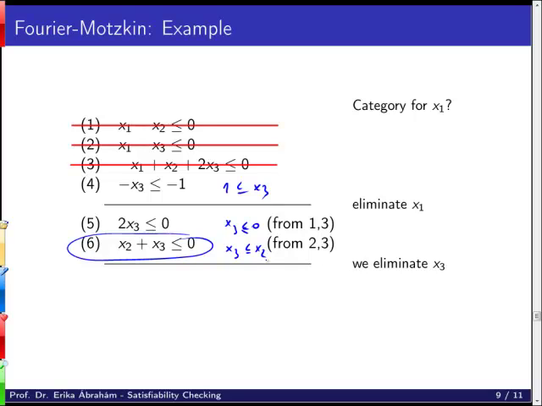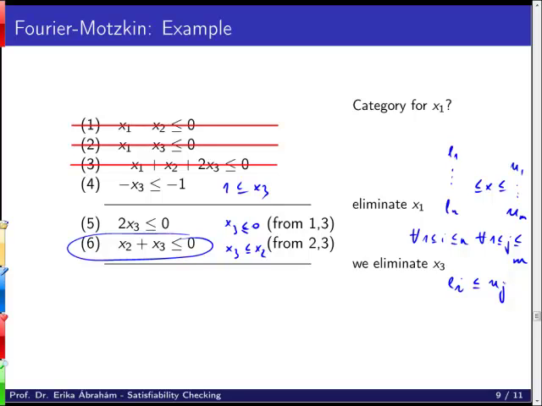So in general, again, in this picture, if I have n lower bounds and m upper bounds, then I must add, for all lower bounds and for all upper bounds, that the i-th lower bound is less or equal than the j-th upper bound.